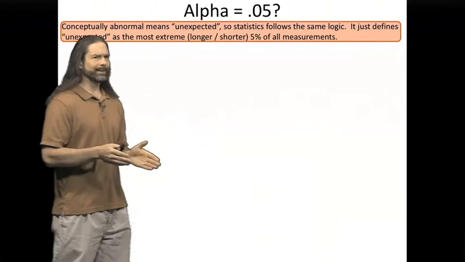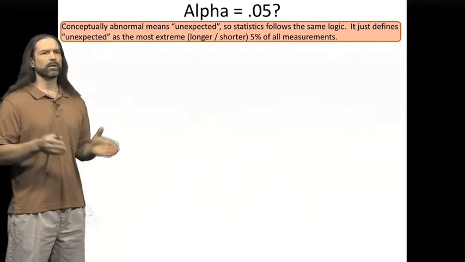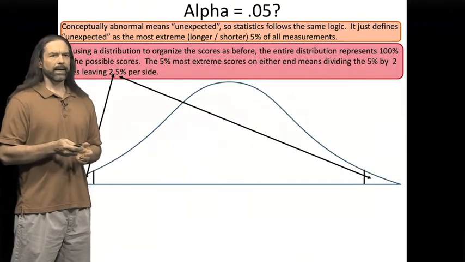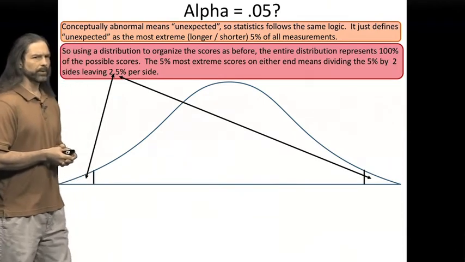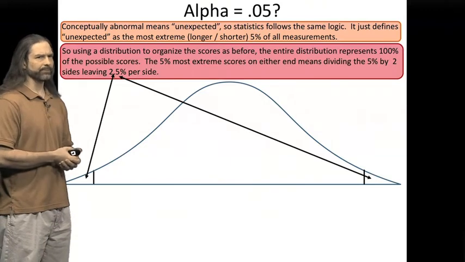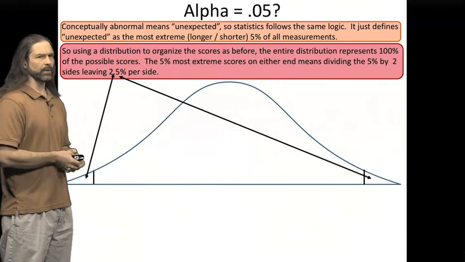What abnormal means statistically is it's unexpected. It's not part of the norm. So if we look at a distribution again, in statistics what we do is we take 5%. If we have all of the observations, that forms the entire bell curve, that would be 100% of the observations.